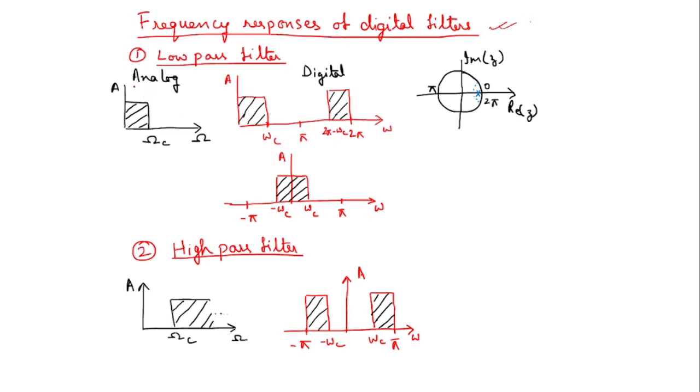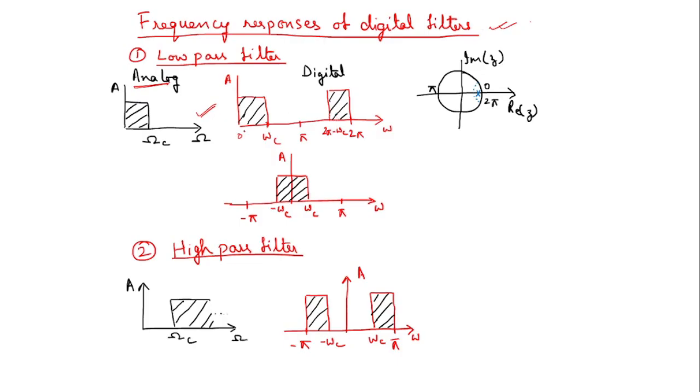see, we discussed that the analog low pass filter frequency response would appear something like that. However, when we try to design the digital filter, we have seen that in the 0 to pi frequency, whatever the frequency response is there, in the pi to 2 pi region it then becomes the mirror response of the original response.